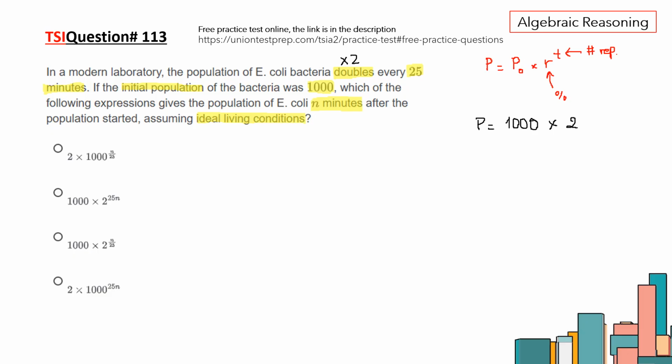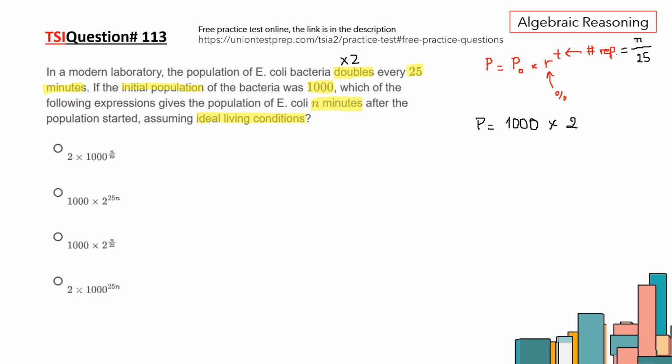The t, the number of replications, will equal the total number of minutes divided by 25. How do we know that?